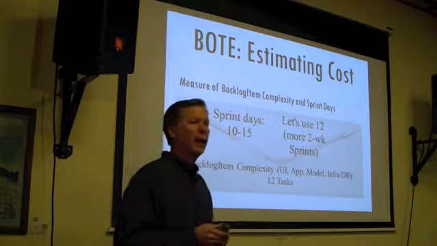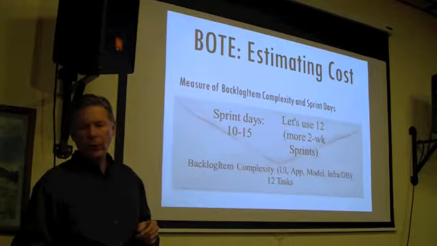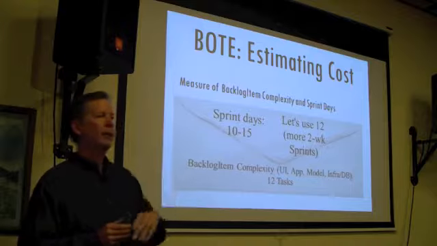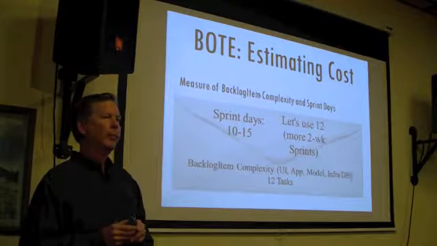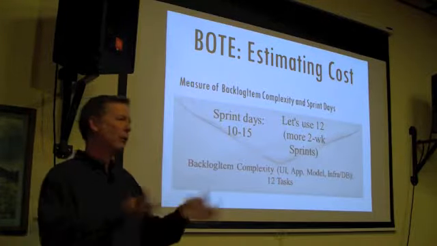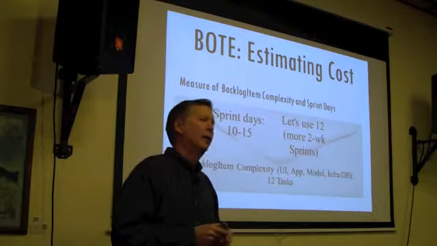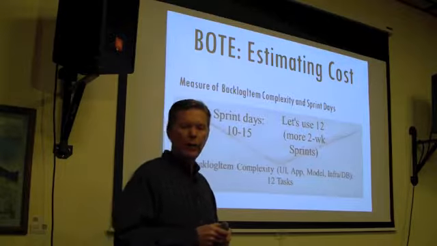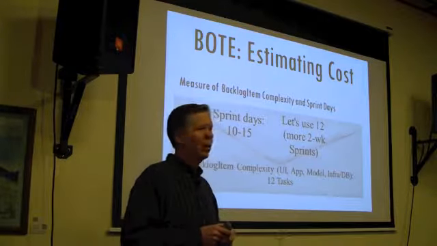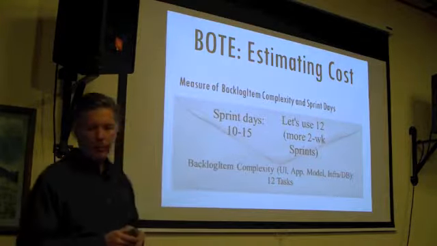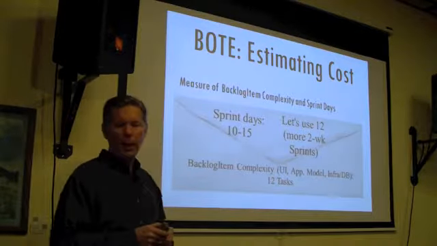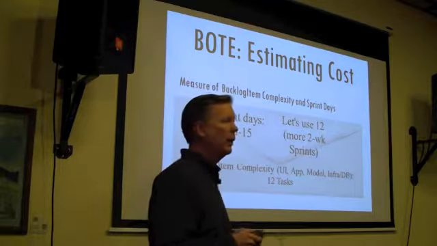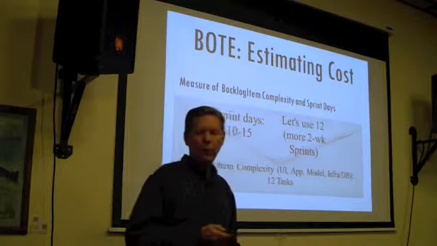So let's just say that with each of those, maybe we come up with 3 tasks per layer for each backlog item. So we specify a backlog item and we say, all right, let's say that there are 3 in the UI, 3 components, maybe 2 in the application, maybe 3 in the model, maybe a couple, 2 or 3 in the infrastructure. That gives us about 12 tasks total.